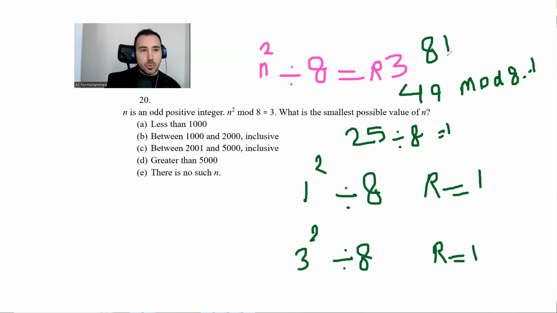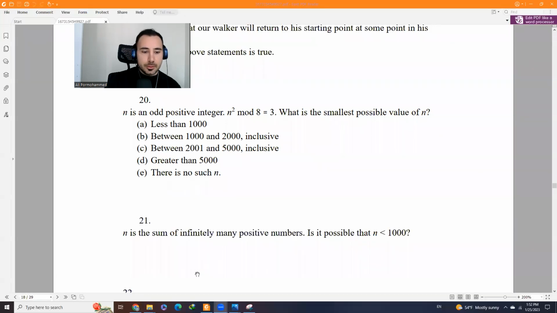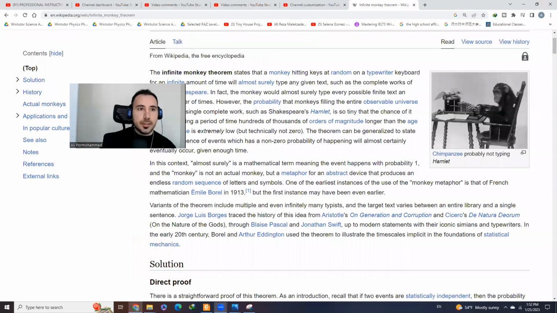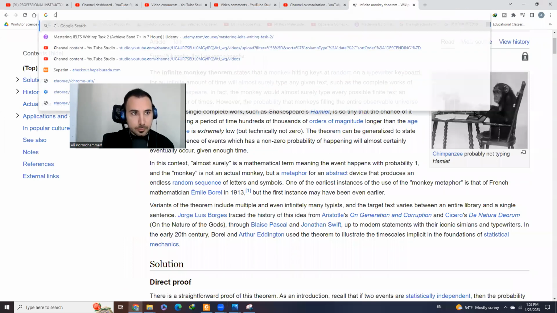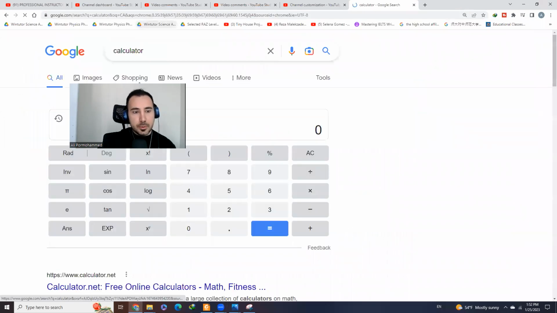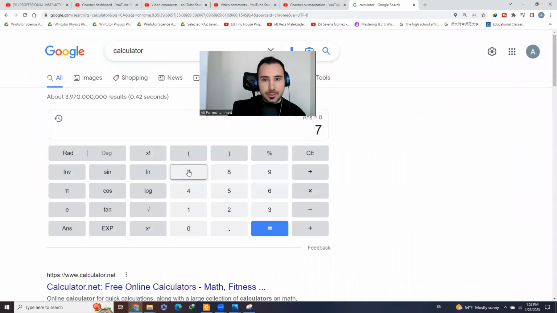Okay. So let's try a very, very big number. So let's go Google a big number together. What if the number is very, very large? 777 multiplied by 777. Okay, when we divide it by 8, what?